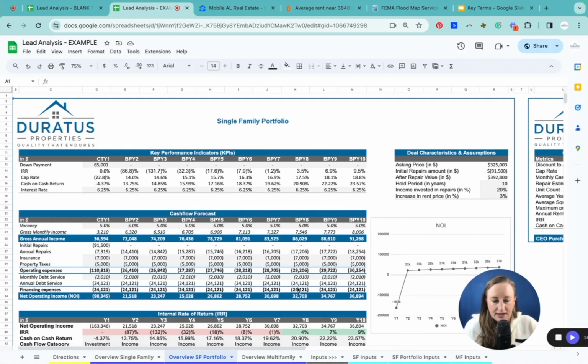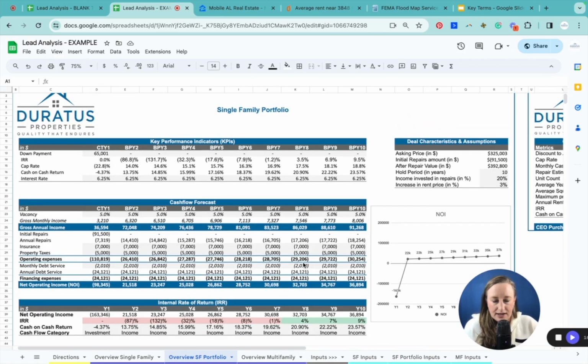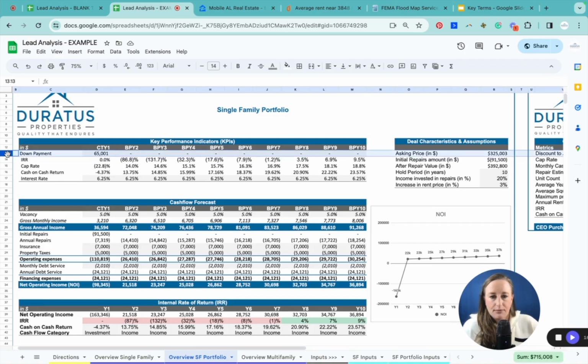Okay, so I'm going to look at the 7-property portfolio. Let's see. We're looking at a purchase price of $325,000 with a down payment of $65,000. Our IRR, again, you want to look. The IRR for this one is not great until years 9 and 10.